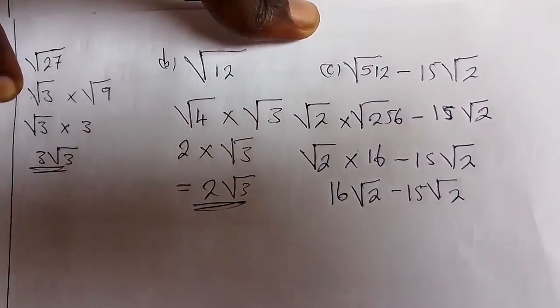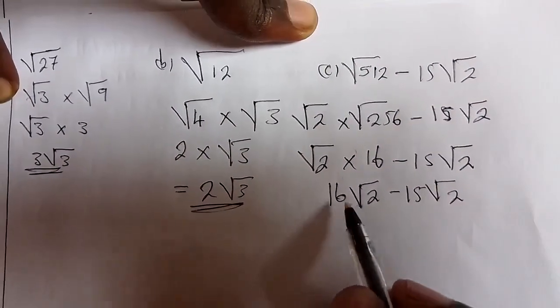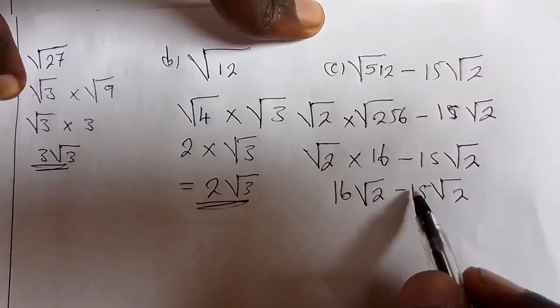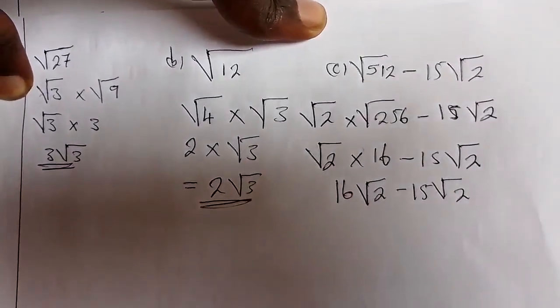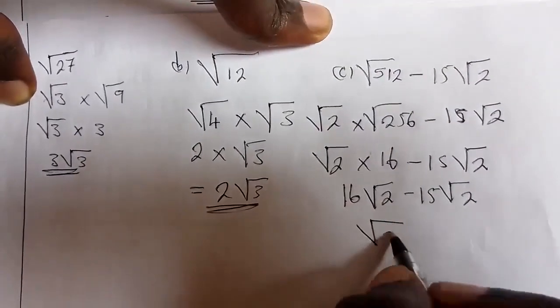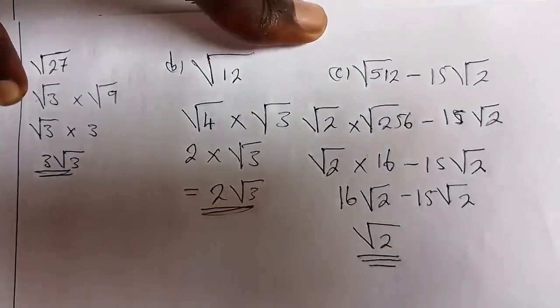Now check what's happened here. We can use the sum or subtraction rule, because this is 16, this is 15, and the root of 2 is maintained. Therefore, 16 minus 15 is 1, so the answer is just the root of 2.